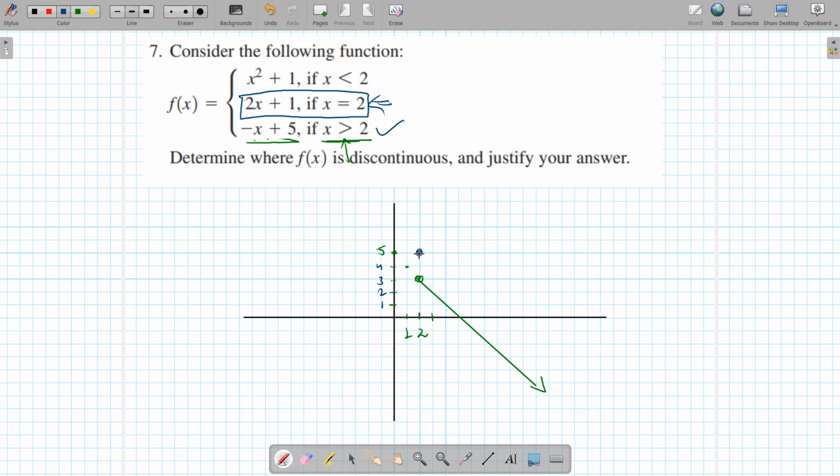You can already see that there's a jump here, right? But we don't care about this point. We want to look at the left side of this. The third one is x squared plus 1. Now, when the x value is 2 for this function, what's the y value? Just plug 2 in there.